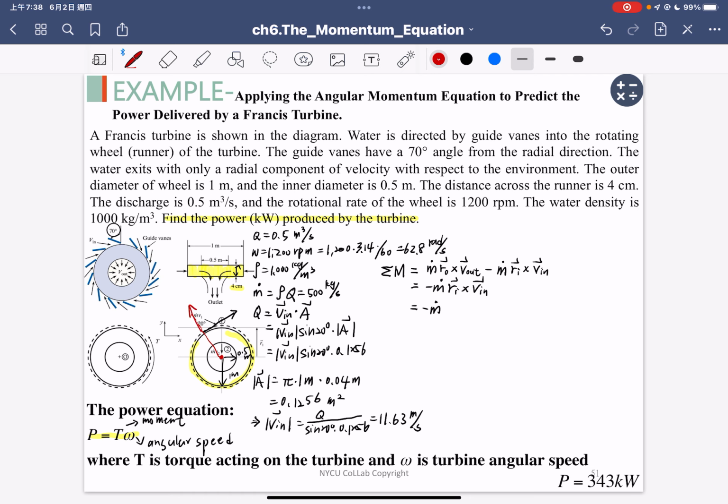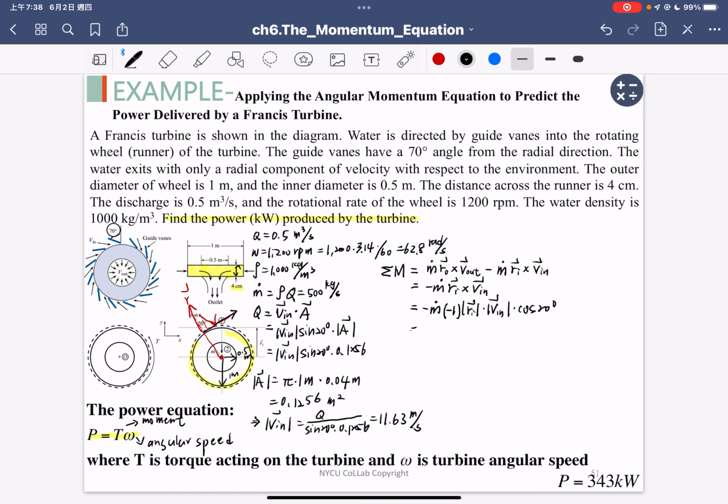The R is in this direction, and originally our velocity is in this direction, and we need to project it to the tangent direction. R cross V, the projected V, gives a minus moment. So here we have an additional minus, and R_i cross product with the velocity. The velocity in needs to be multiplied by cosine 20 degree.